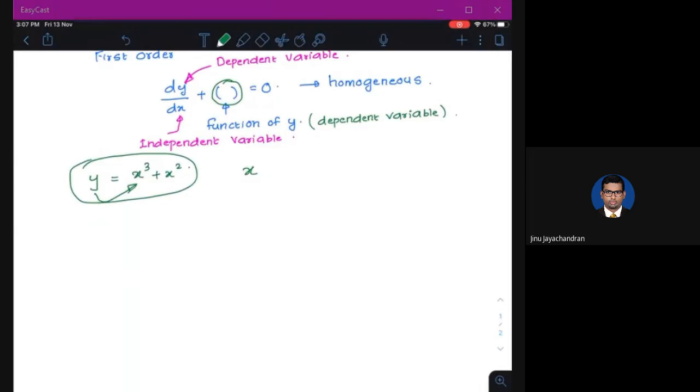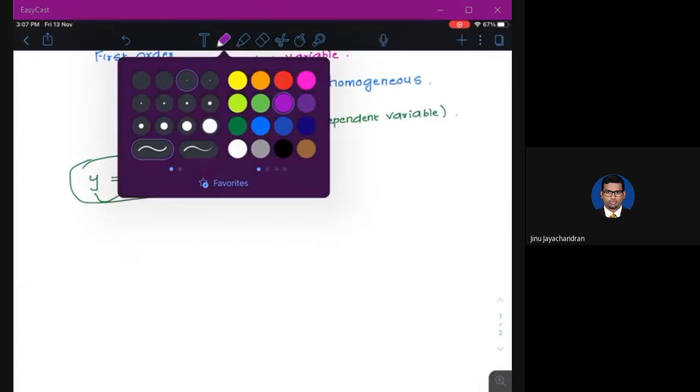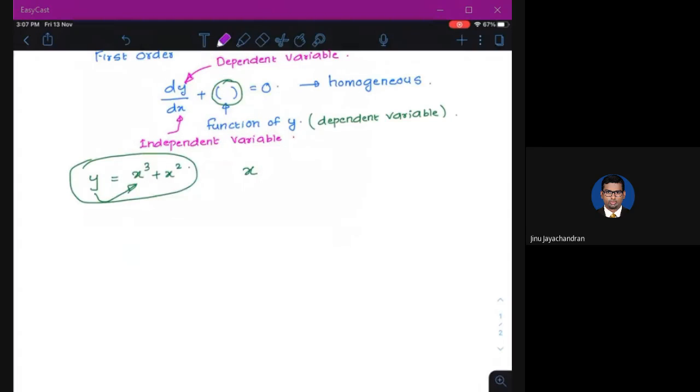Now, using your normal mathematical way of solving a differential equation, there is something called the variable separable form, where you separate the variables. Let's say this is dy by dx plus x equal to 0.